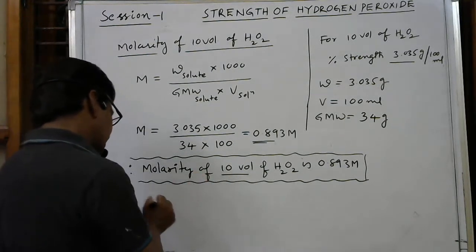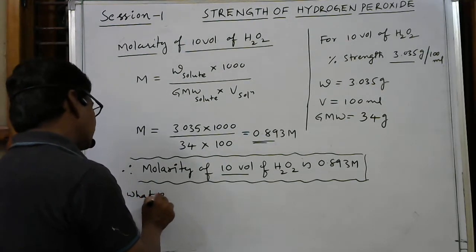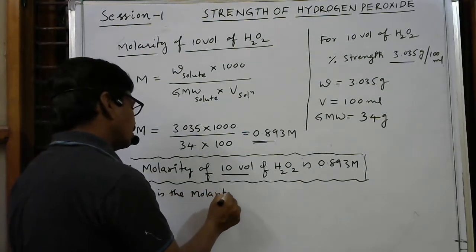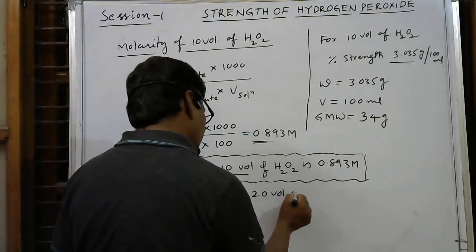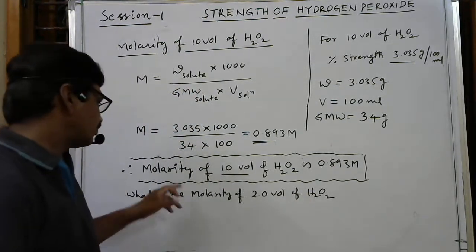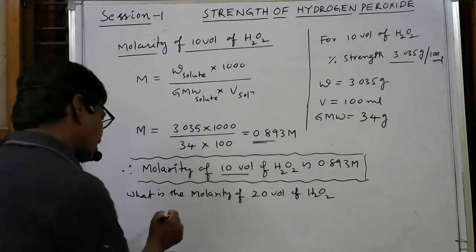After knowing this, they may ask a question like: what is the molarity of 20 volumes of H2O2? Then how can we find it? 10 volumes equal to this much, 20 volumes equal to how much? Only cross multiplication.